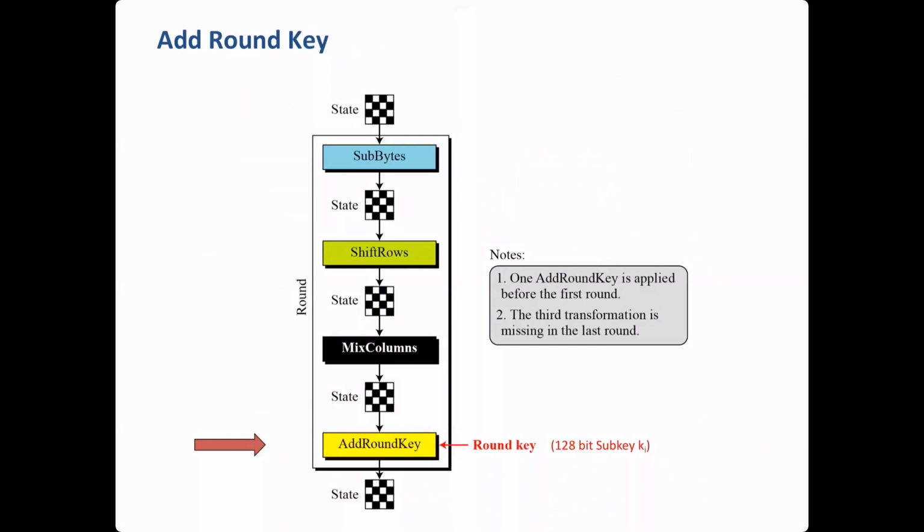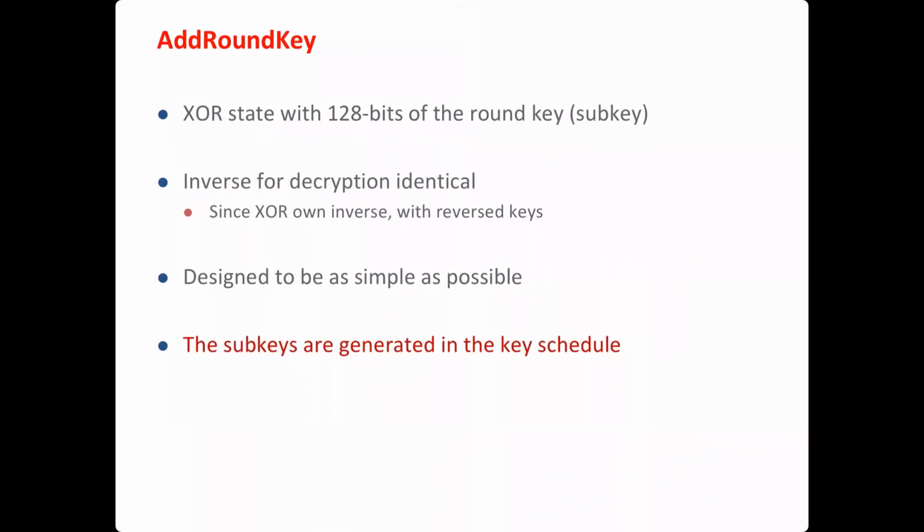And of course in each round we have something called add round key, which is to take the sub key ki and do the exclusive OR function with the state information that is coming from the top. All right, this is what we have done.